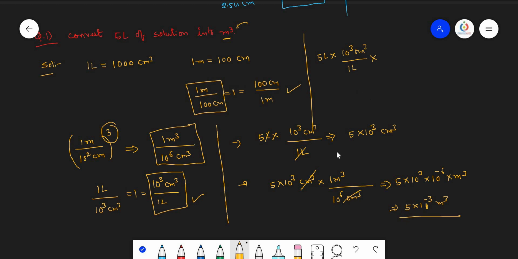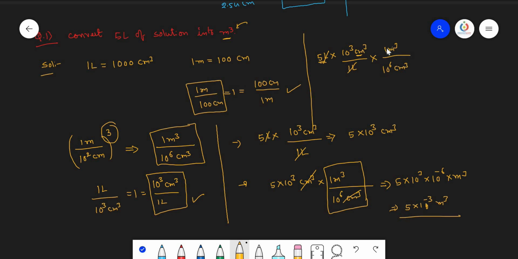Again it has to be multiplied with the second unit like this, 1 meter cube divided by 10 power 6 centimeter cube. How did I do it here? Initially I am converting these liters into the centimeter cube, so that liters get cancelled, I will get the answer in the centimeter cube. Then after I have to convert the centimeter cube into the meter cube.